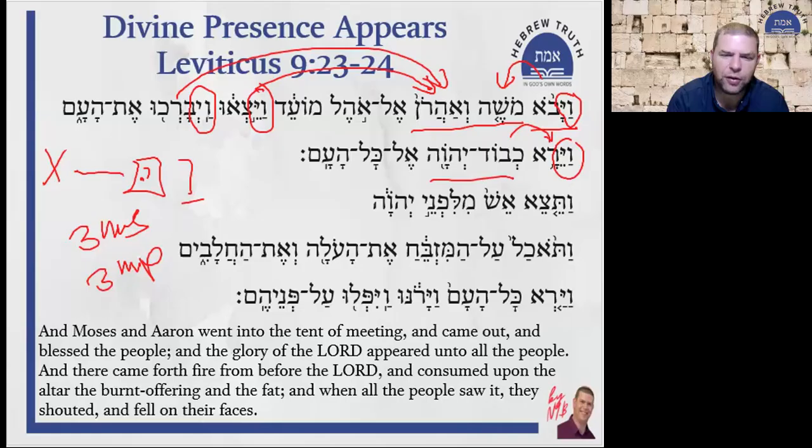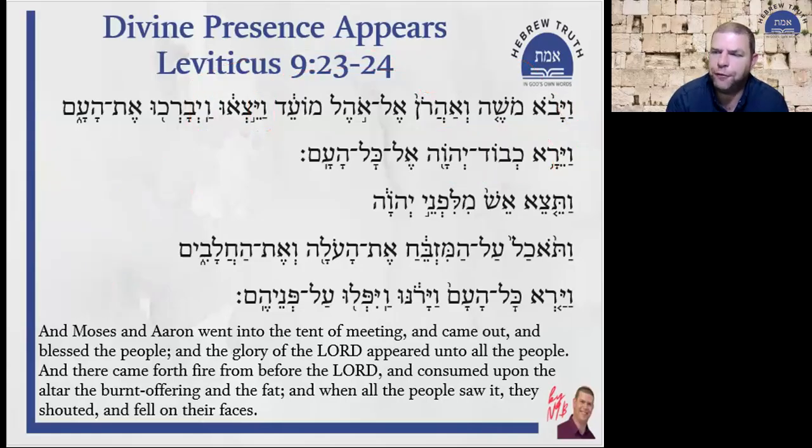The Wayyiqtol is also very helpful for the syntactical division of the verse. Here starts a new sentence, and here as well. Here I would say you can divide it into two sentences because of the Wayyiqtol, but you can also put them together.